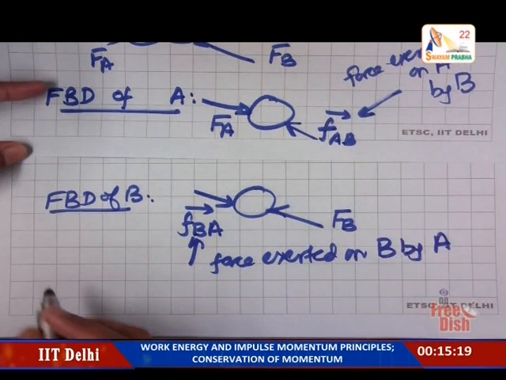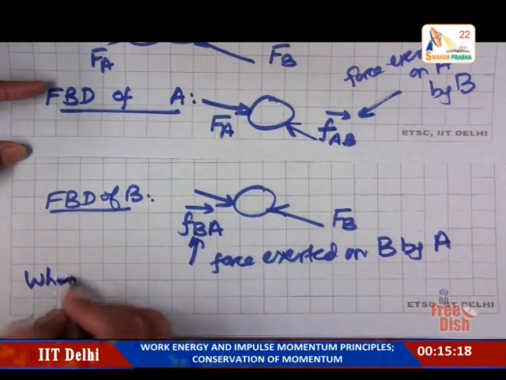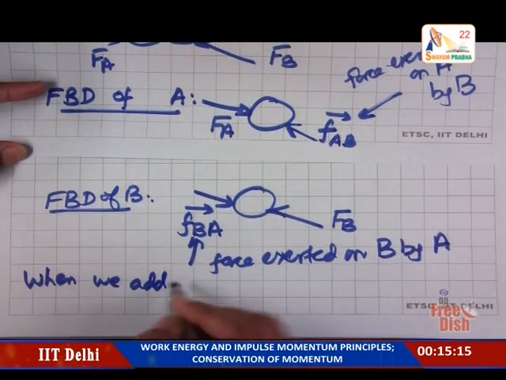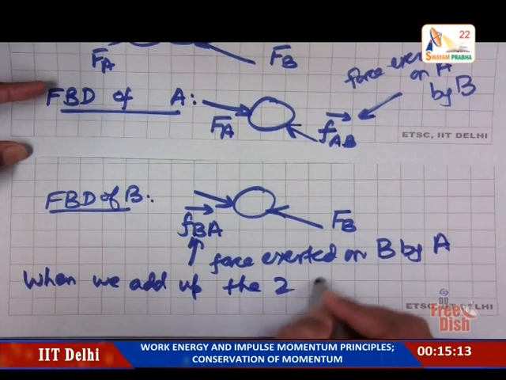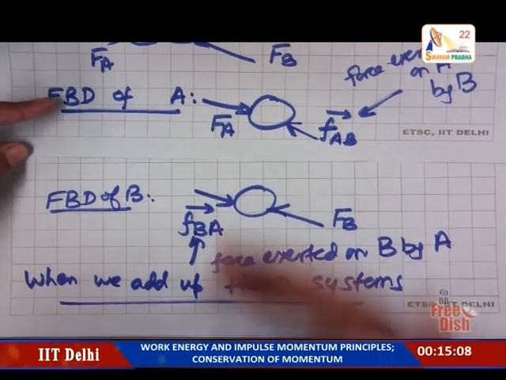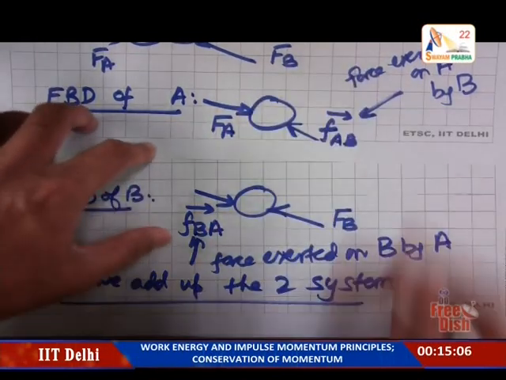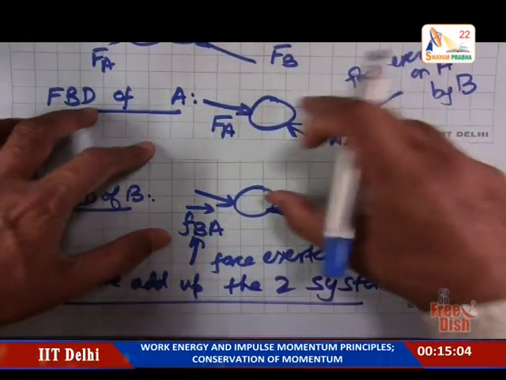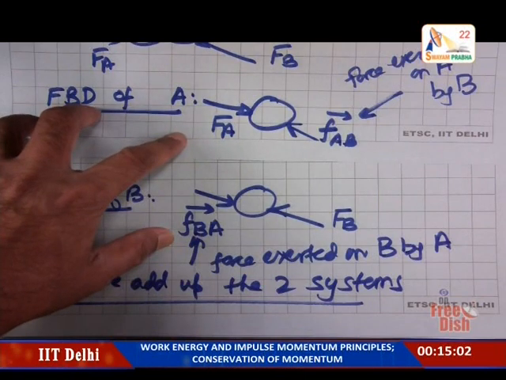Now, when we add up the two systems, and what I mean by adding up the two systems is, let us add up the forces acting on the two systems, because we are considering both of these systems together.